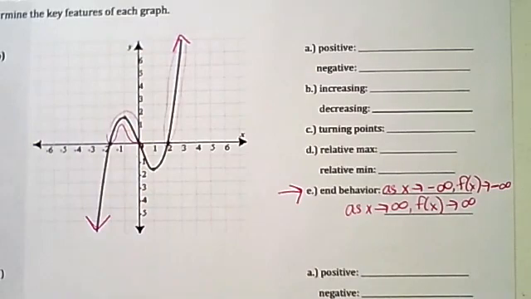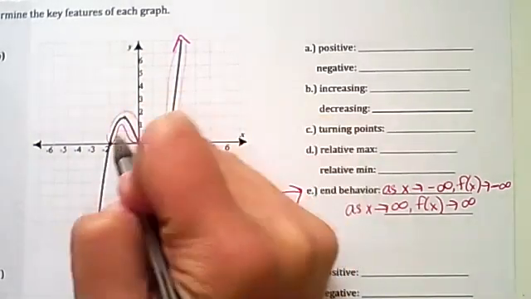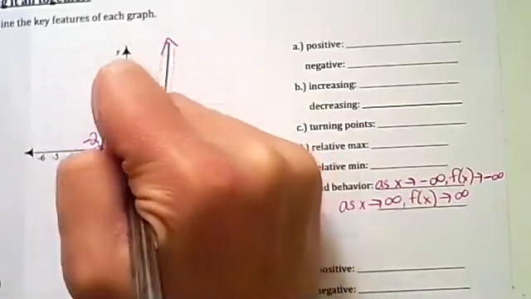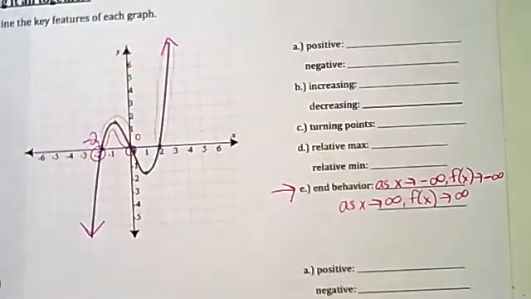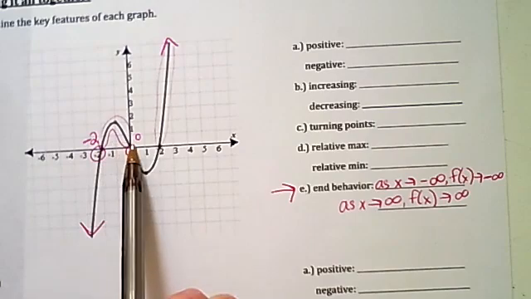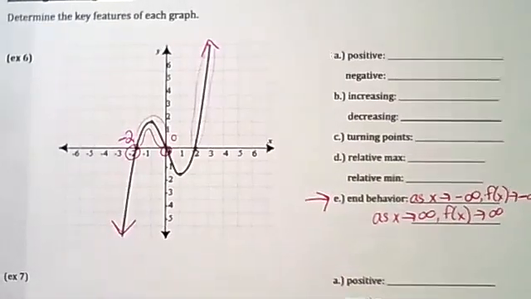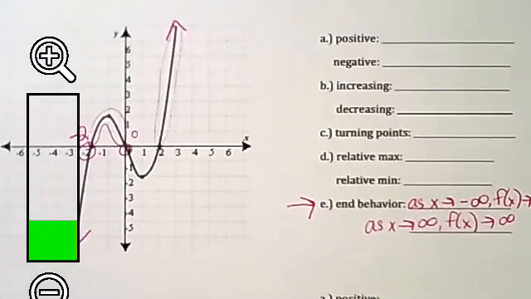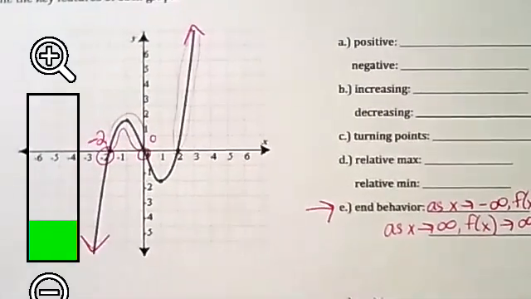Let's see if one of you can tell me this interval here. This is -2, and this is 0. How would we write that interval? If I wanted to say that from here to here, it's positive, can we write it in the chat if we know how to write it? Anyone remember?